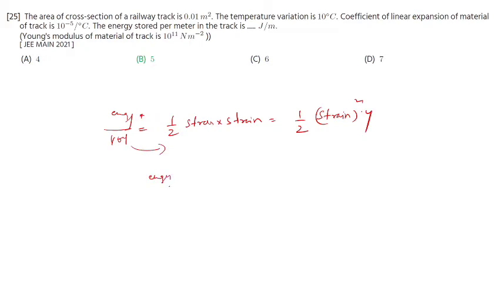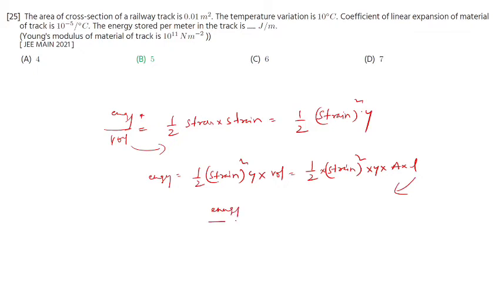So energy is equal to half into strain square into Y into volume, and volume we can write as area into length. Now again you bring this length this side, so energy per meter will be half into strain square into Y into A.